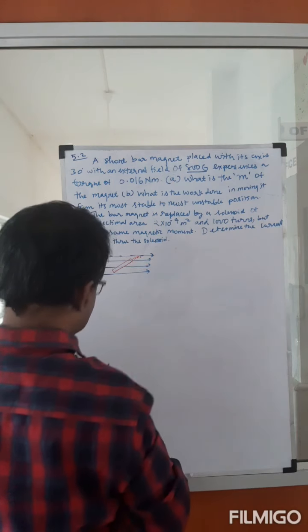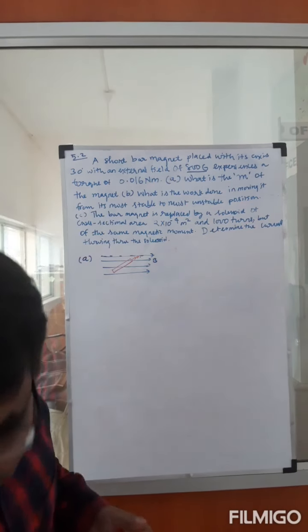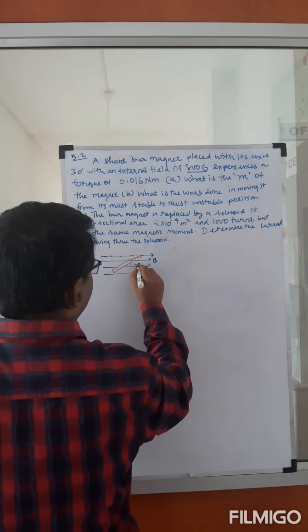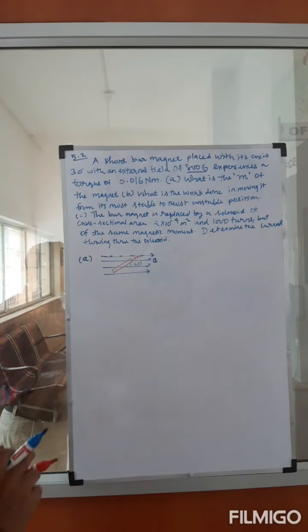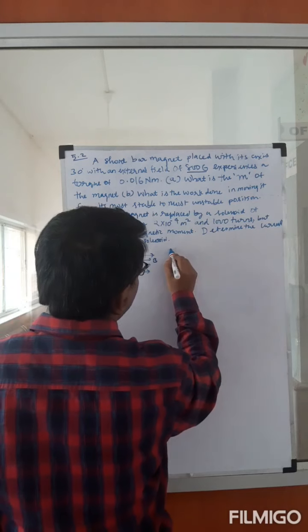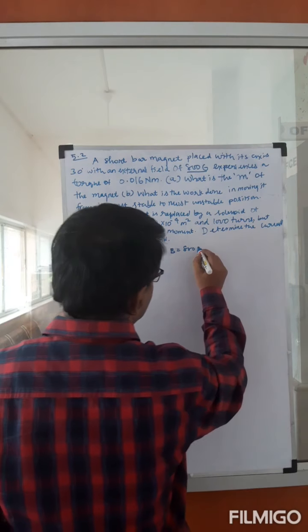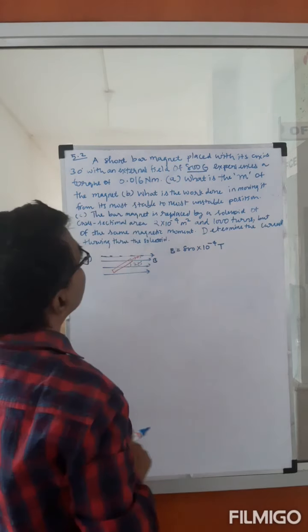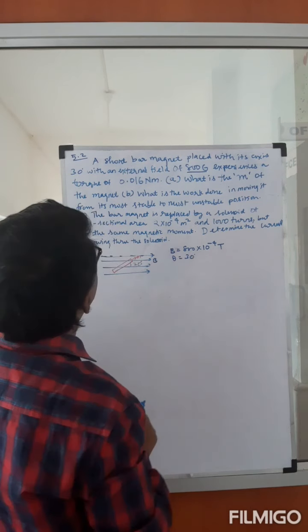This is the M, and this is B, and it is making an angle of 30 degrees with B. B is 800 Gauss. 1 Gauss is 10 to the power minus 4 Tesla. So this is 800 into 10 to the power minus 4 Tesla. And the angle theta is 30 degrees.